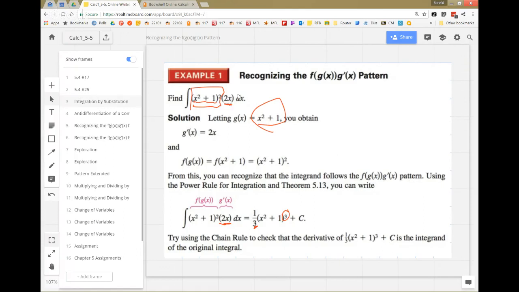And that's exactly what we had in the beginning. If you look up to this very top line, it checks. That's what we've got, x squared plus 1 squared times 2x. So just keep in mind, you can always check integration by differentiating your answer. And if you come back to what was there originally, you've got it.